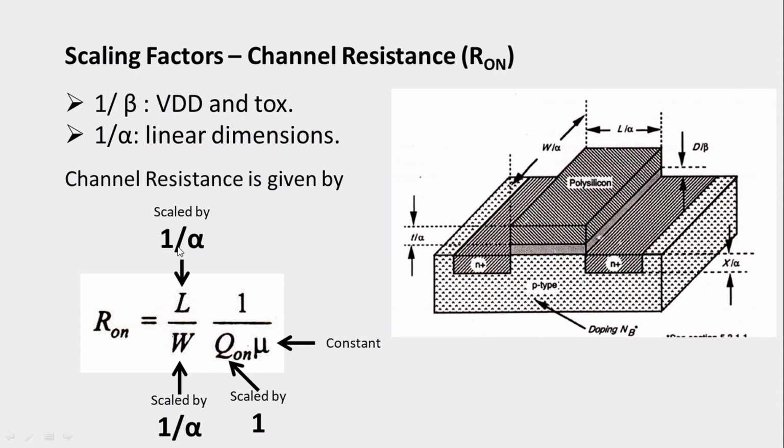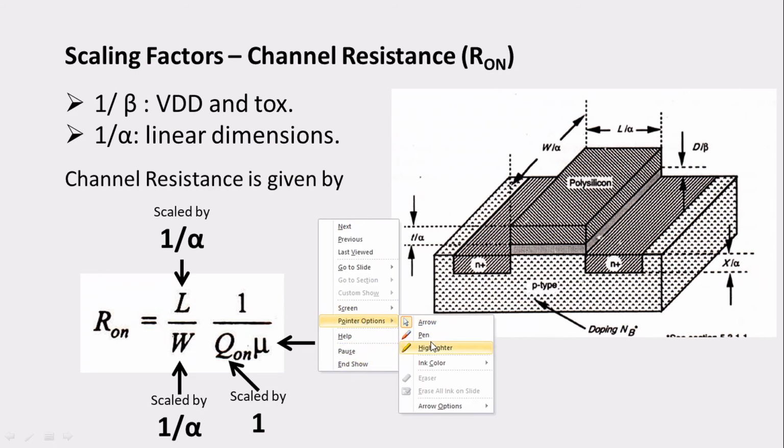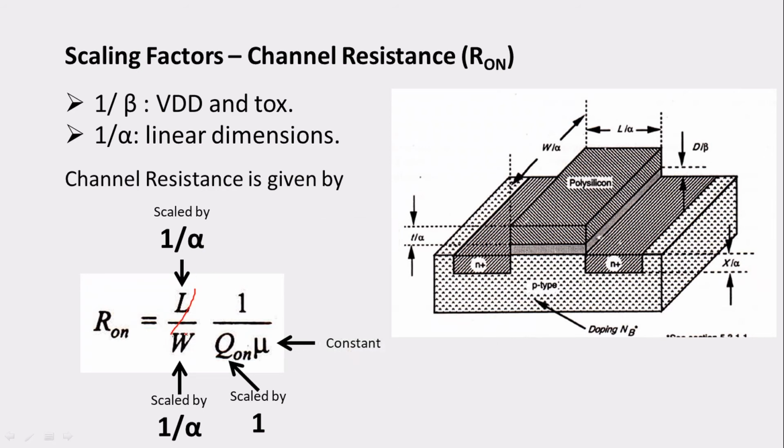Now the 1 by alpha again cancels, and we are left with 1. The scaling factor of channel resistance when the MOSFET is in on condition is 1.